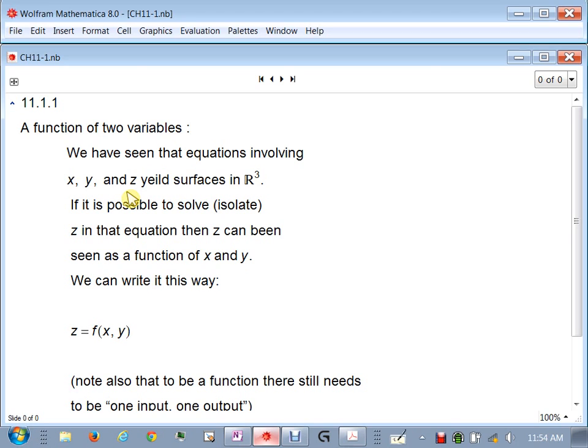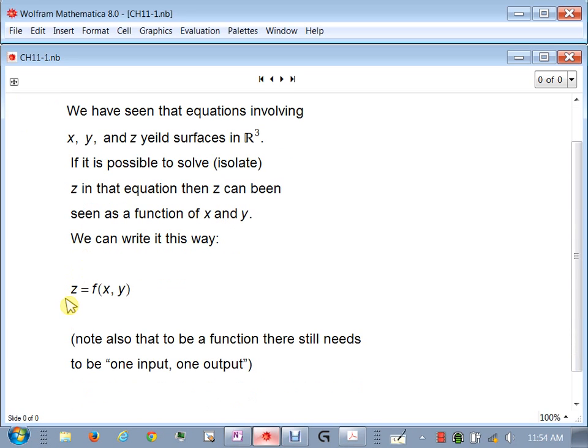Now what we want to look at is whether it is possible, with an equation, to isolate the z variable, get it by itself on one side of the equation. Then z can be determined if you know what x and y are. You isolate the z, someone gives you an x and a y, you can tell me what z is. Therefore, z can be looked at as a function of the two variables x and y.